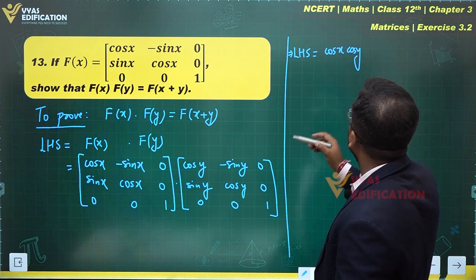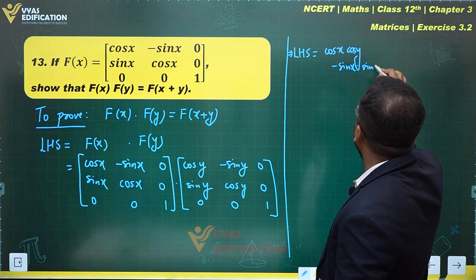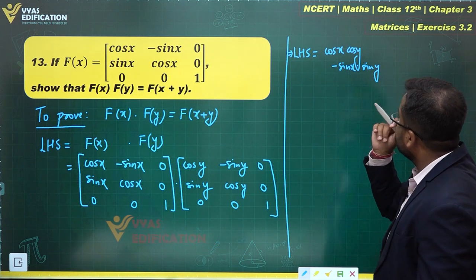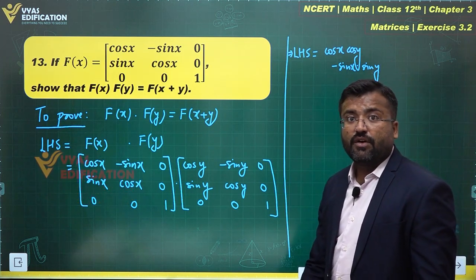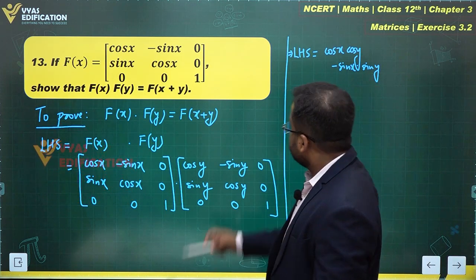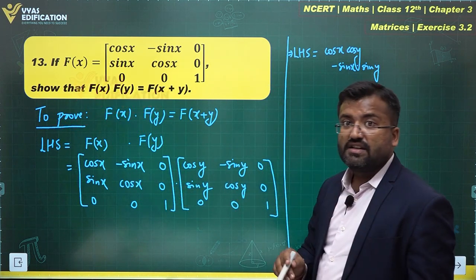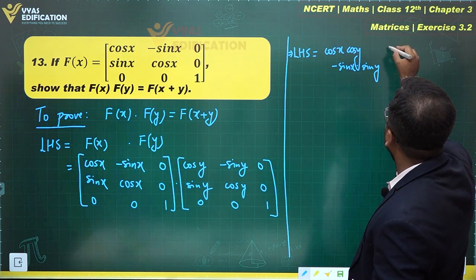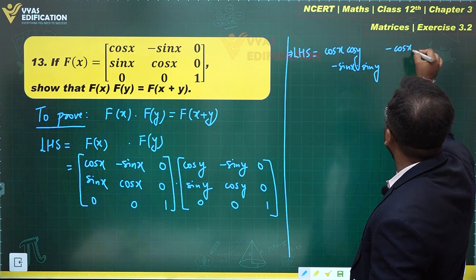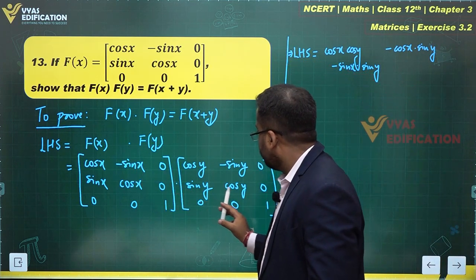This is this element. There's lack of space, so I'm writing it in a compact form over here. What next? For this element over here, I'll have to multiply the first row with the second column. You get cos x times minus sin y, so minus cos x sin y minus sin x cos y.